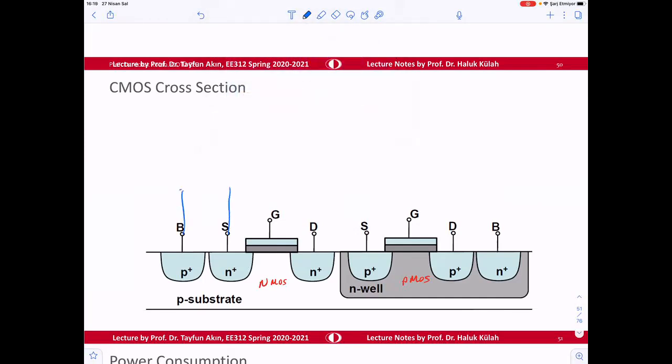We connect the bulk to here, and then we connect the gates of both transistors and apply Vin here. And then the drains are connected, and this corresponds to Vout. And this one is connected to VDD. Okay, circuit-wise.